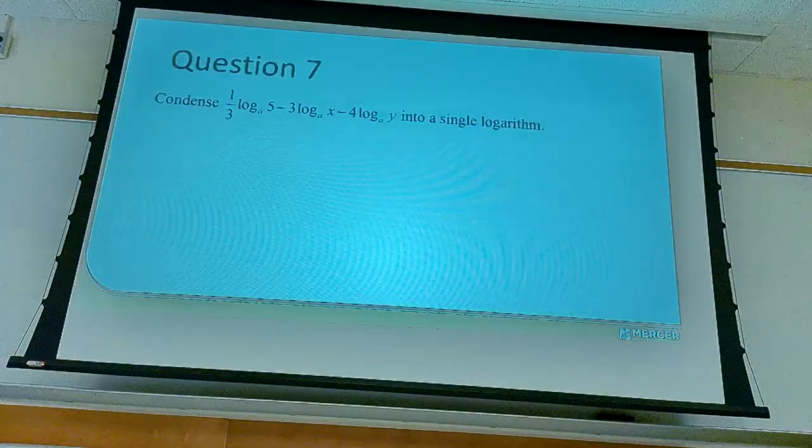And so go term by term. There's a power, so it'd be log a of 5 to the 1/3. Yes.